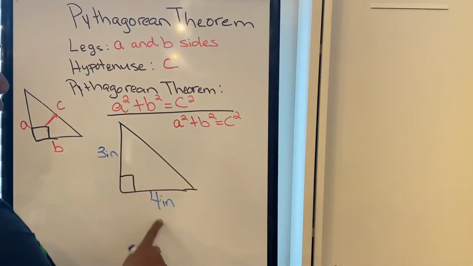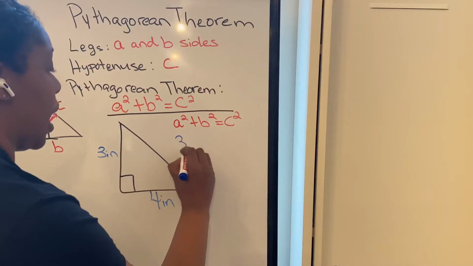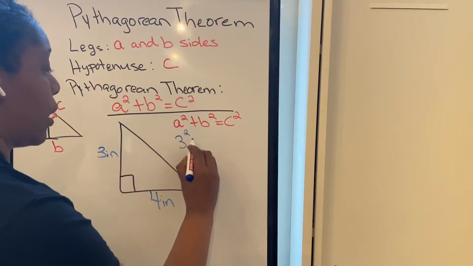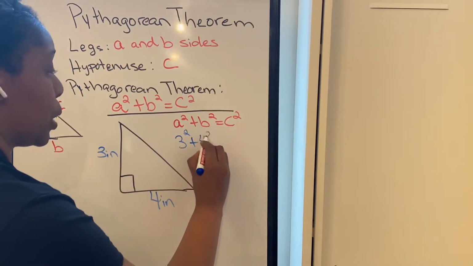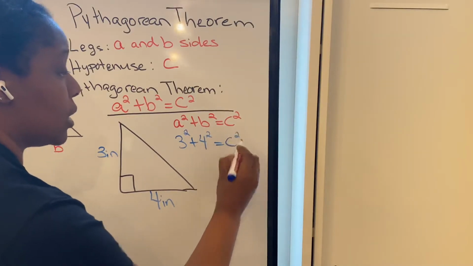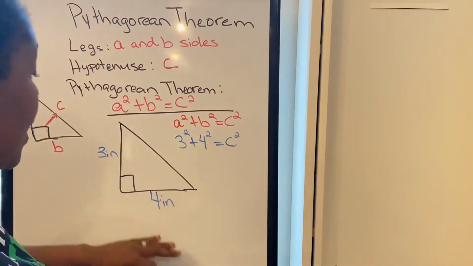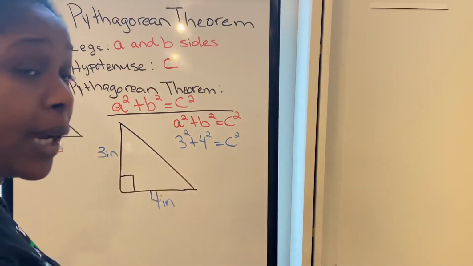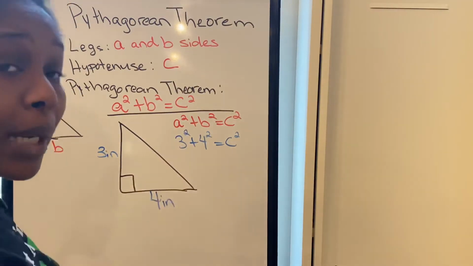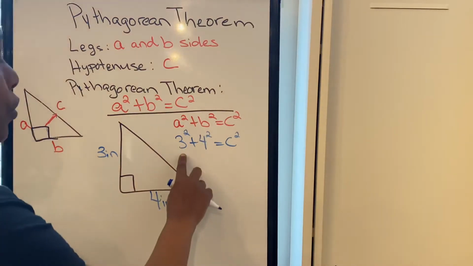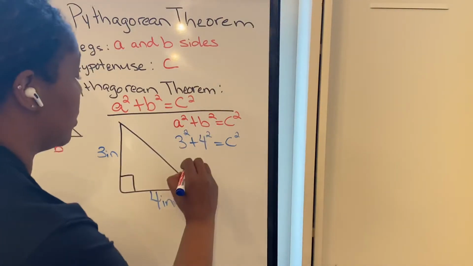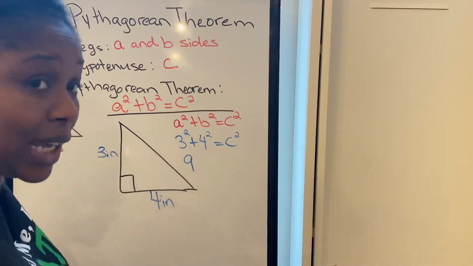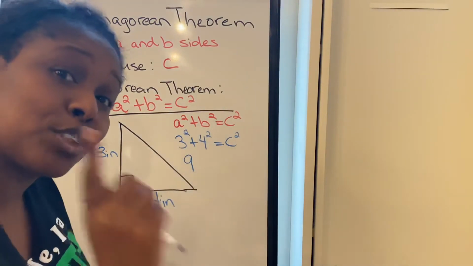If this is A and this is B, I'm going to put 3 squared plus 4 squared. Remember, this is called substitution. So I'm substituting the value of my A and the value of my B into my equation in order to find my C. So 3 to the second power, which is 3 times 3, not 3 times 2.